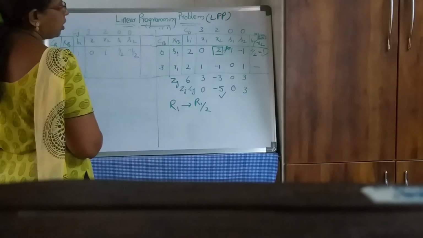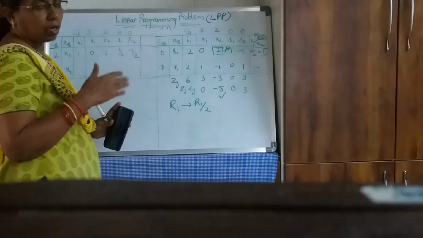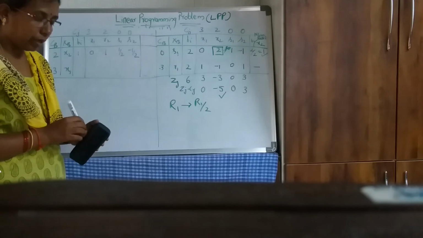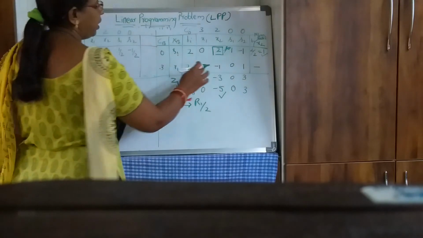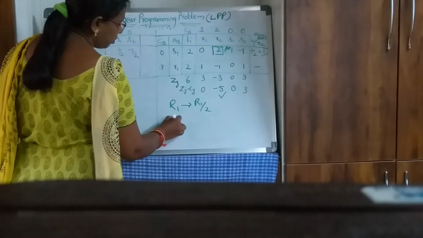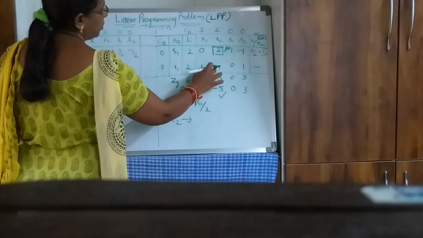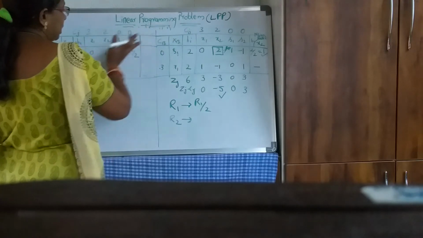Now next is R2. What is R2? In the column which has the pivot element, we should make all other elements zeros except the pivot element. So I have to make this 0. What will be the transformation now? For R2, if I add 1 here, then it will become 0. Now this R1 is transformed to this.